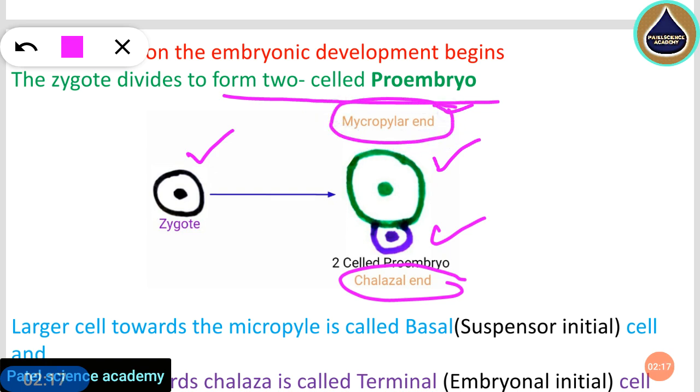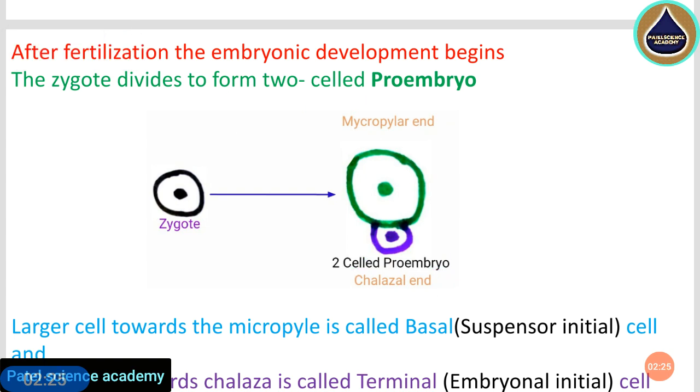Towards the micropylar end, you can observe this green colored cell, and towards the chalazal end, you can observe this blue colored cell. So the zygote at first divides into a two-cell structure, that is the green color and blue color cells.